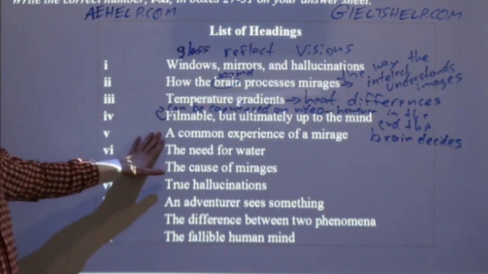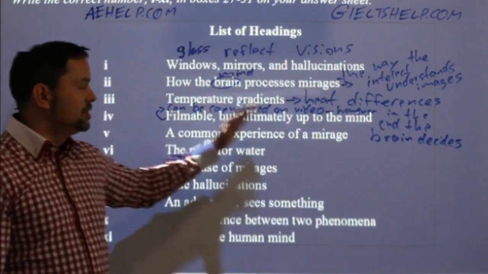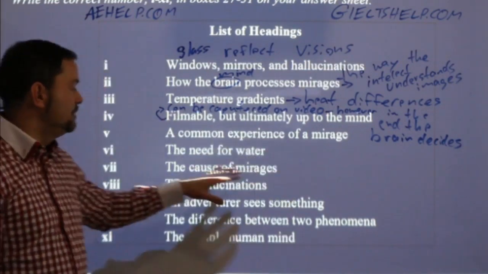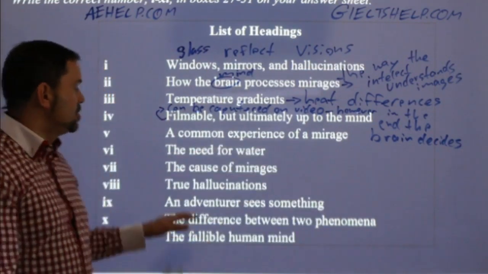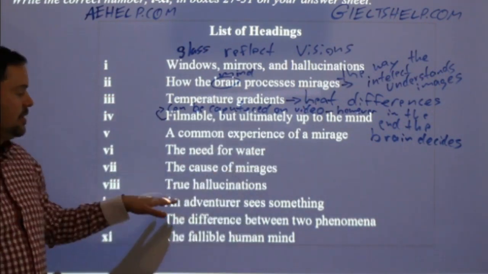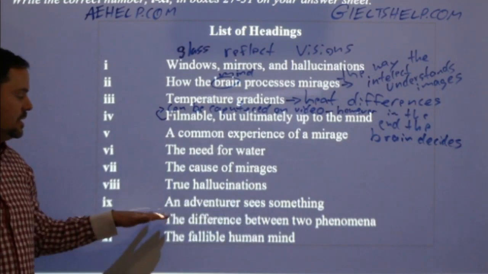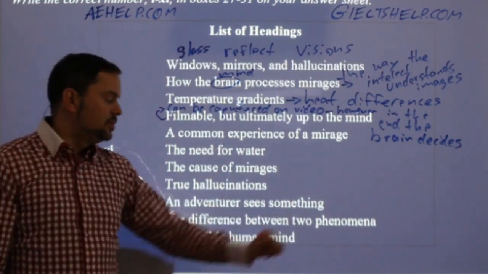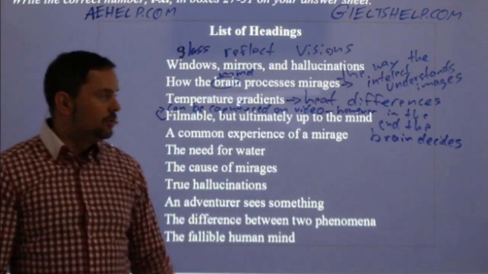So here we have a common experience of a mirage. We'll just read these. You can practice more paraphrasing at home in your own time. A common experience of a mirage, the need for water, the cause of mirages, true hallucinations, an adventurer sees something, the difference between two phenomenon, and the fallible human mind.